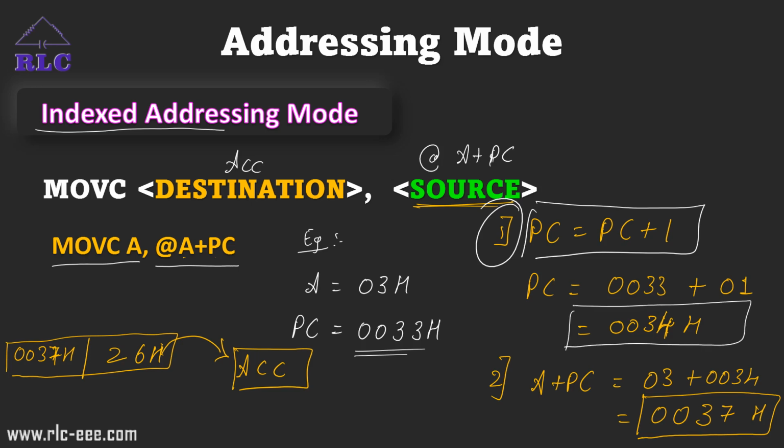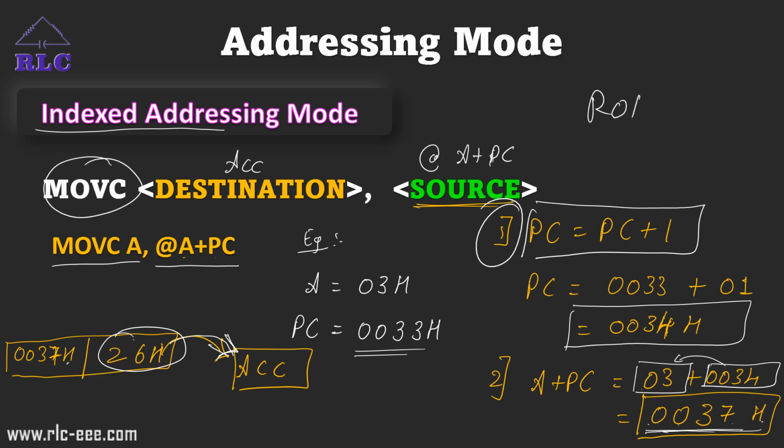Then later that value of PC will be added to the accumulator value and it will generate a memory location. Here it is 0037H. Whatever data is present in that memory location will be copied to the accumulator. This is with MOVC A, @A+PC. Always this instruction is used to read only ROM data.